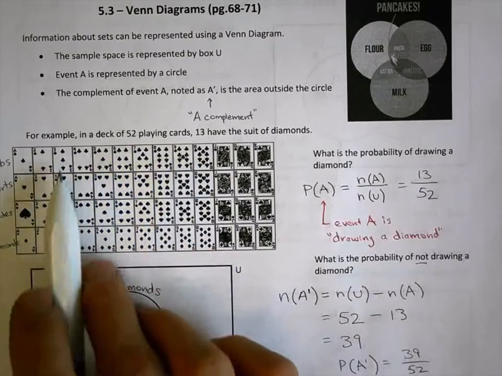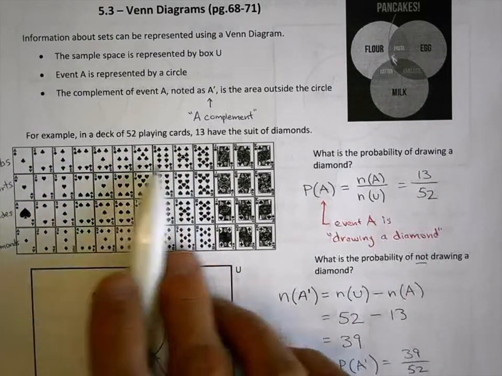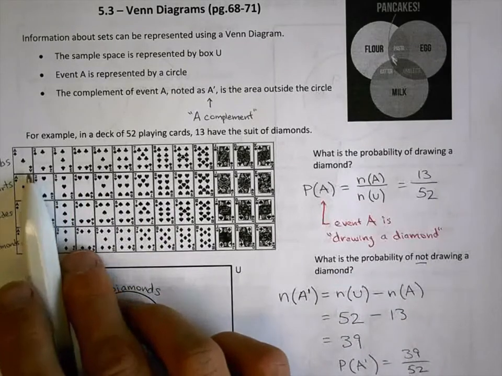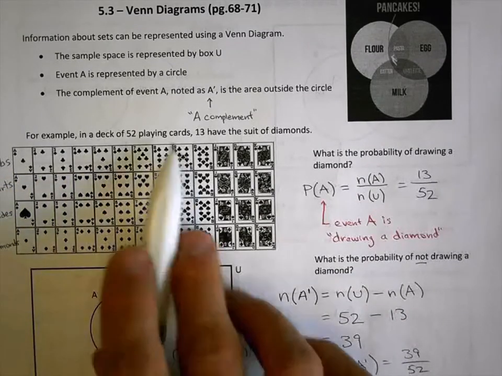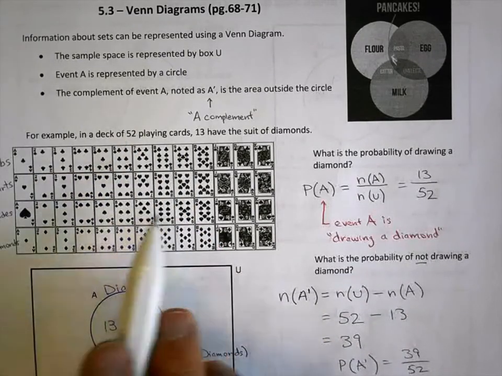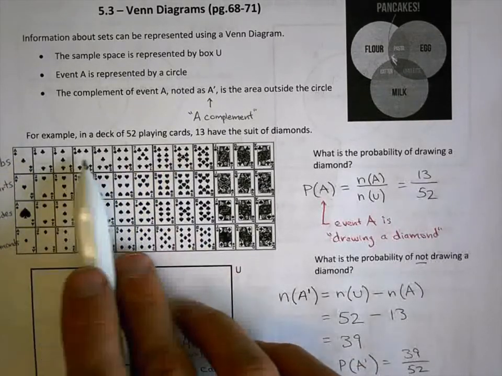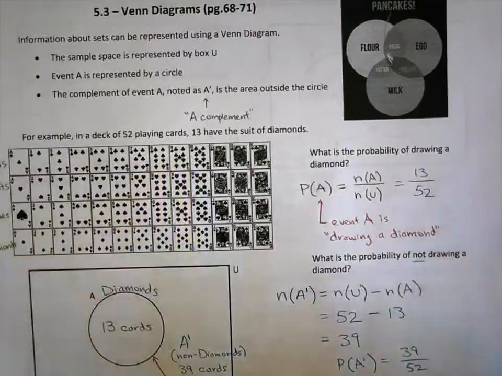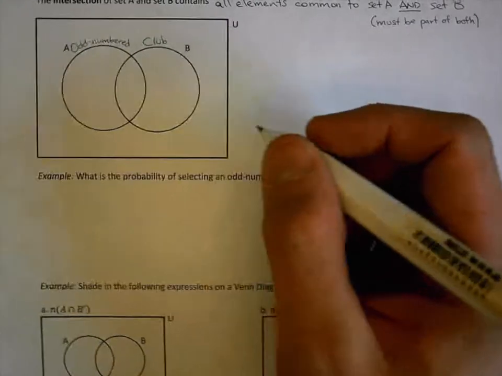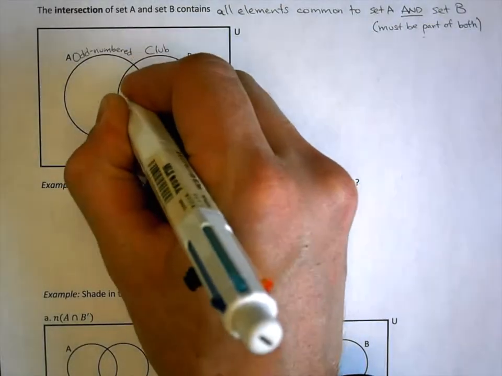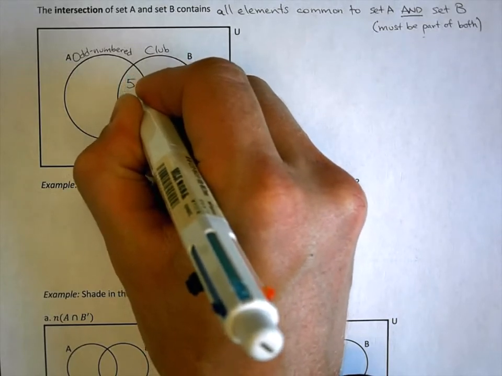Okay, so there are 5, 10, 15, 20 odd numbered cards. We'll call ace 1. So 1, 3, 5, 7, 9 times 4, we get 20. How many of those are also clubs? Well, just these 5, right? 1, 3, 5, 7, 9 are clubs. So we end up with 5 cards that are both odd and clubs.